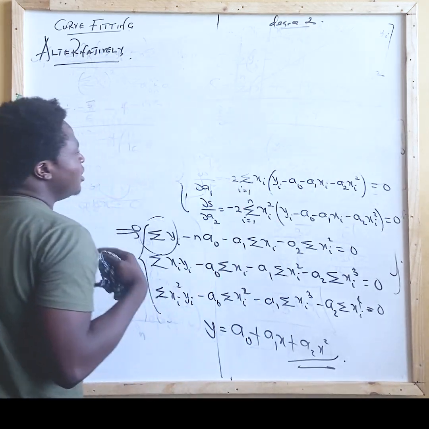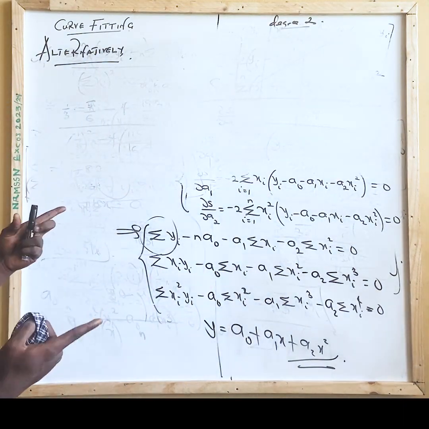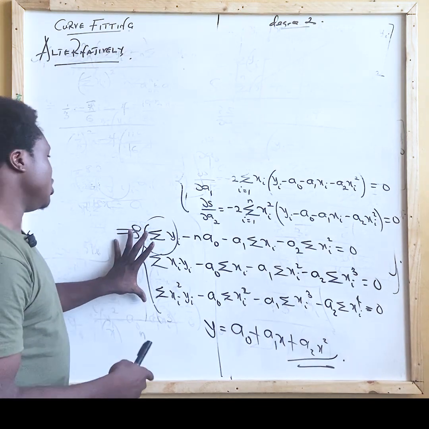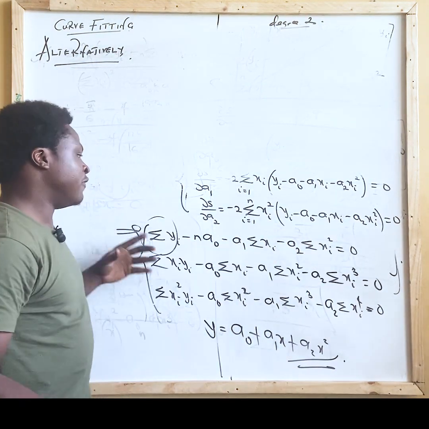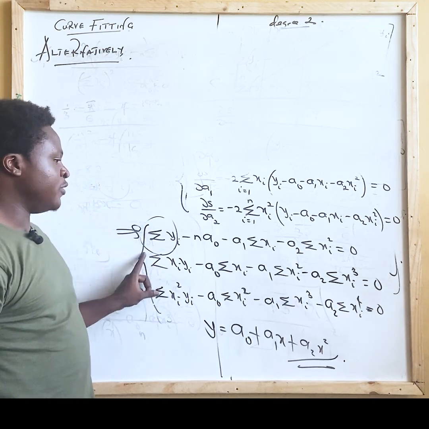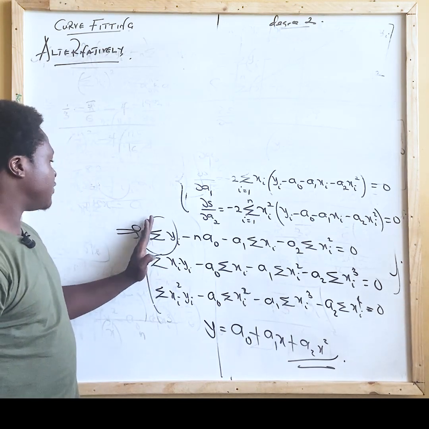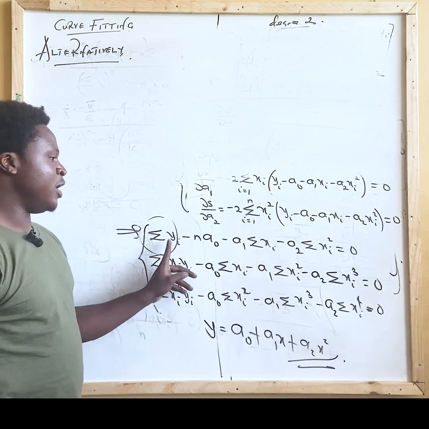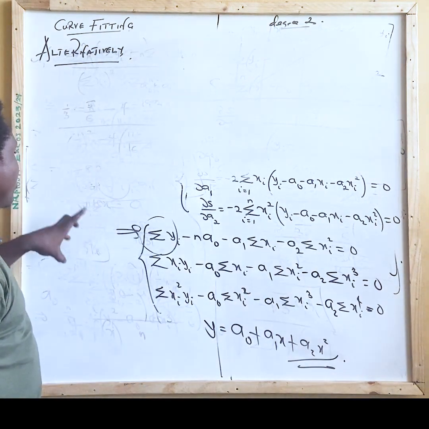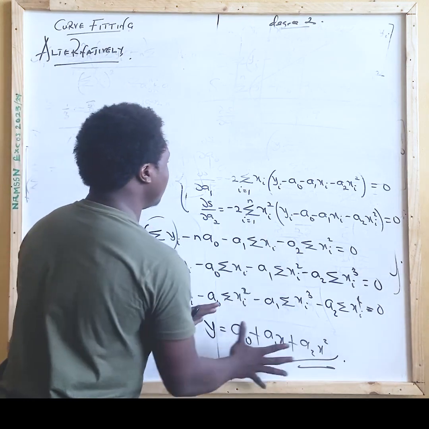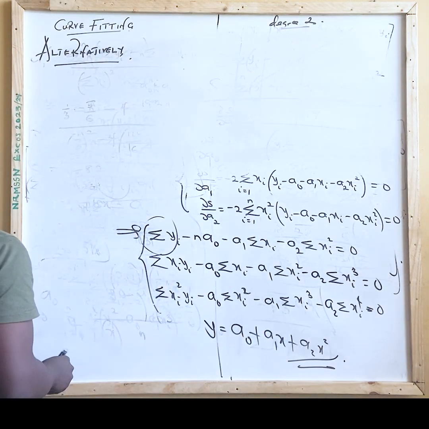Basically, the goal of minimizing this residue is to get to these equations. That's the goal of everything we've been doing. Even for a polynomial of degree 3, we want to get 4 equations so that we can get our A0, A1, A2, A3. So let's see how we can easily get this formula without going through all of this.